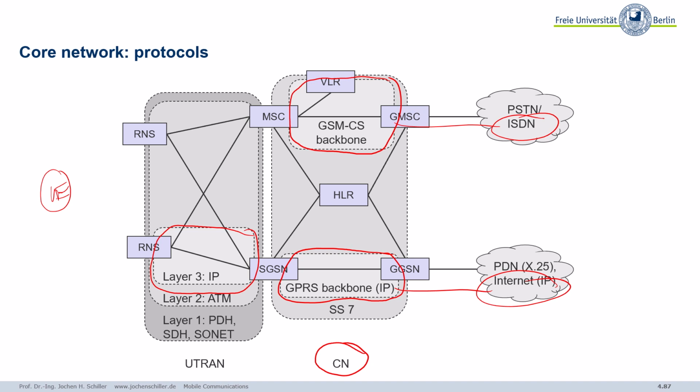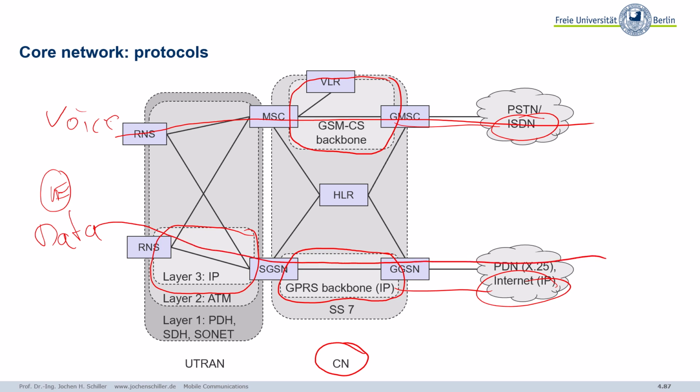For now you see the core network is basically the same we had for GSM, only the radio access is different. And we have different technologies for voice. So the classical voice call takes this path, and data transmission takes another path.